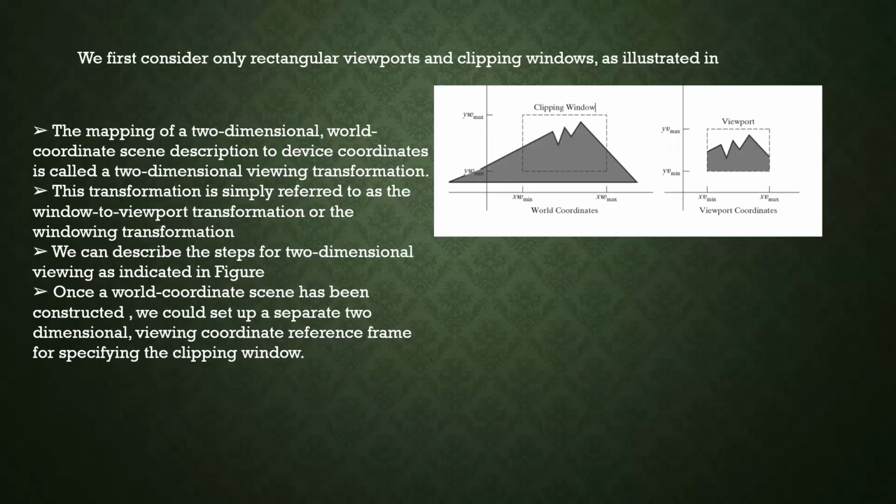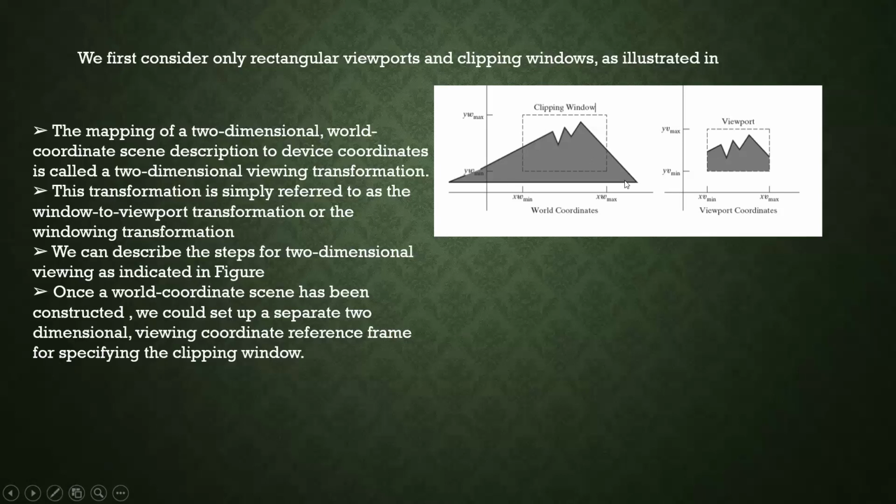We can describe the steps for two-dimensional viewing as indicated in the figure. Once a world coordinate scene has been constructed, we could set up a separate two-dimensional viewing coordinate reference frame for specifying the clipping window.